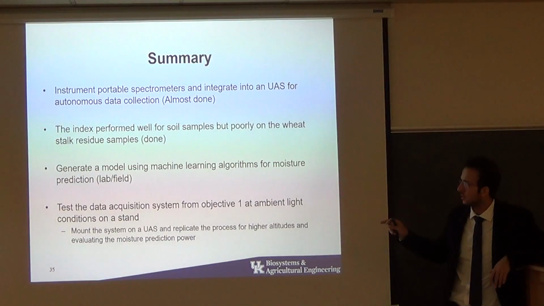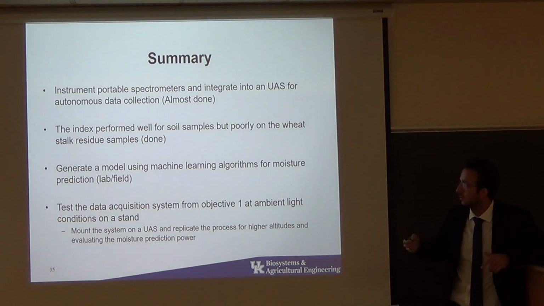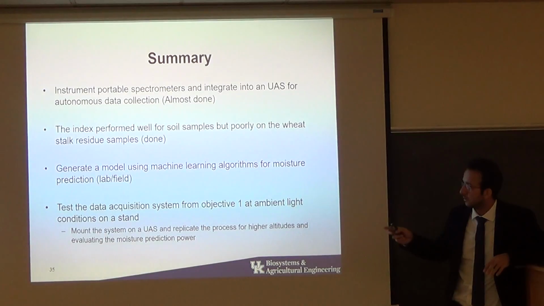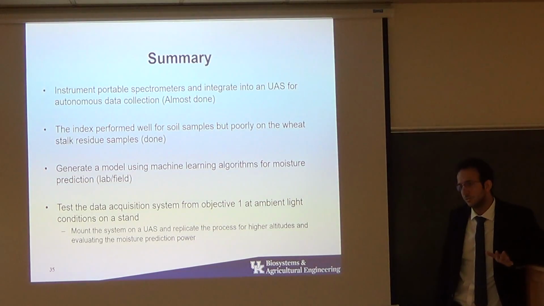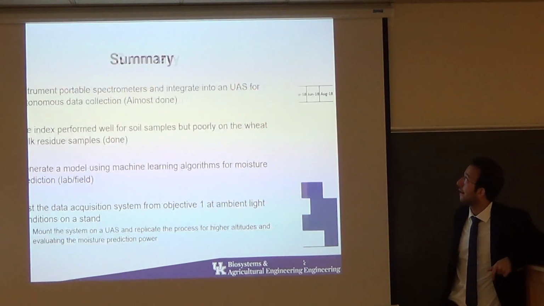This part is done, and the paper is already accepted on this objective. The third one is that we generate a model using machine learning algorithms for both lab and field data, and we did it for the lab data. And the last one is going to be testing the data acquisition system we got from objective one, to see if it works in different ambient light conditions.